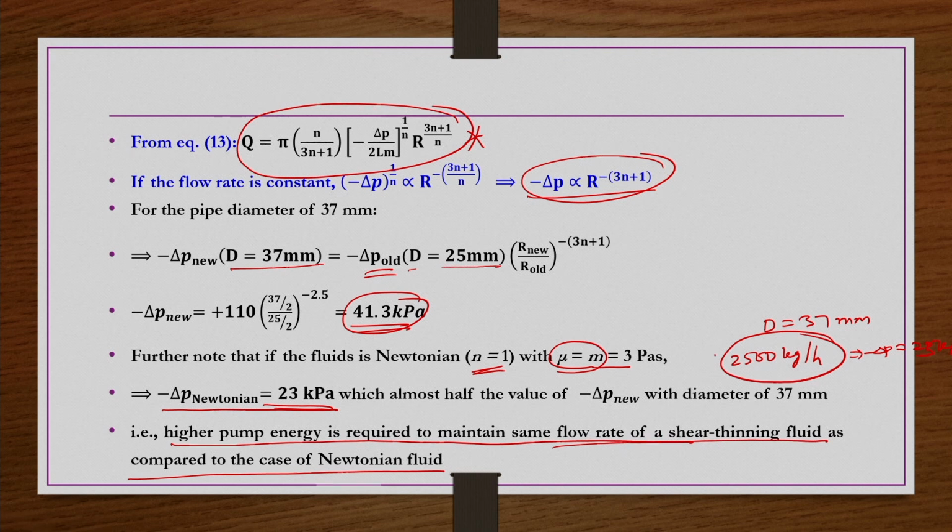But if you maintain the same flow rate for a shear thinning fluid of n equals 0.5 and m equals 3 pascal second, then it increases to roughly 41 kilopascals. So to maintain the same flow rate you need to provide higher pump energy in the case of shear thinning fluids compared to the case of Newtonian fluids.